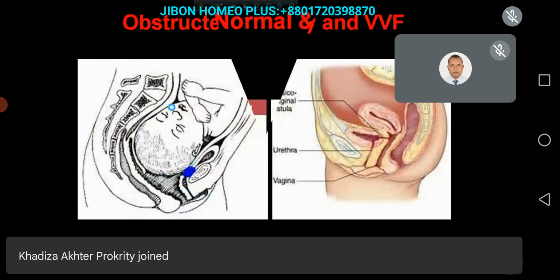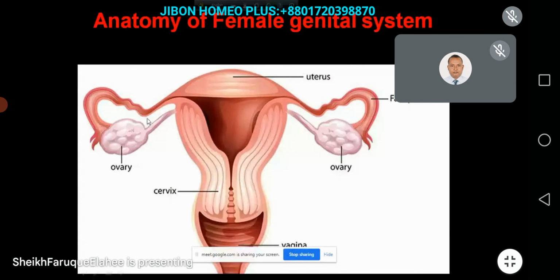And I showed you before, I told you that the zygote occurs here. The female ovum and male sperm meet here. This is called the ampulla of the fallopian tube. And from here it comes to the uterus and implants here, and there is growth of the baby here.